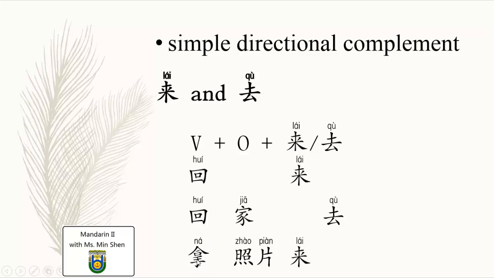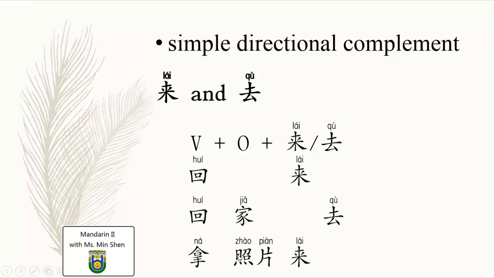And we look at another example. 拿照片来. 拿照片, take the photo. And after the verbal phrase, there is a complement telling the direction of this action. When you take the action of taking photo, the direction of this action is getting closer.